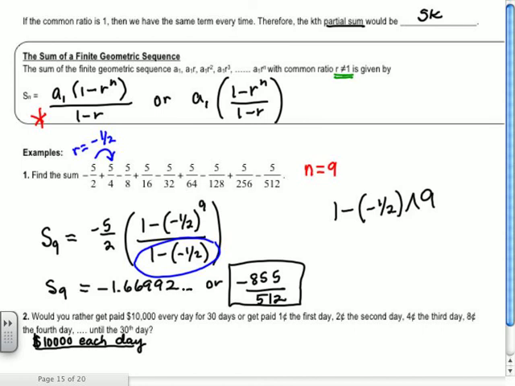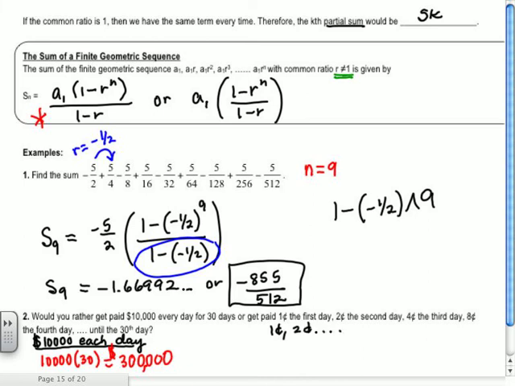If I have $10,000 each day for 30 days, that's just 10,000 times 30, so you get 300,000. That's not bad. I wouldn't mind $300,000.